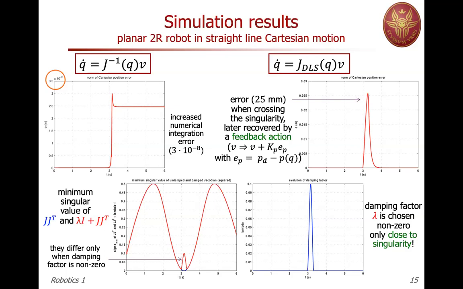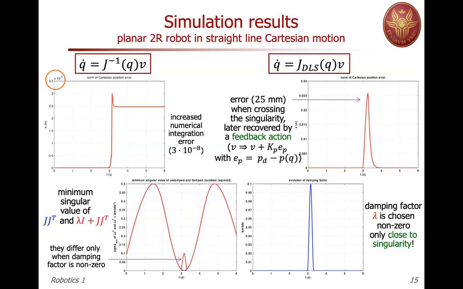When the singularity region has been crossed, we switch off the lambda, so we return to the previous solution, but we correct the nominal command v, the desired velocity along the path, with an error term proportional, by a positive gain, let's say a diagonal 2 by 2 matrix in this case, to the position error.